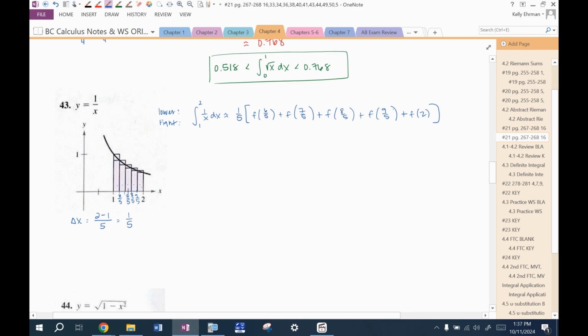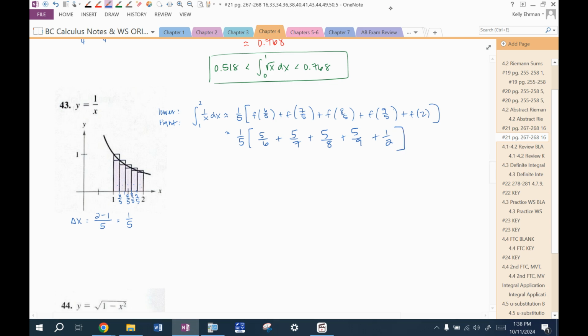Or if I want to make this a little easier to type in, I can do the y1 thing, or I can just retype this. So it's 1 over 6/5, so that's just going to be 5/6 plus 5 over 7 plus 5/8 plus 5/9, and the reciprocal of 2 is plus 1/2.